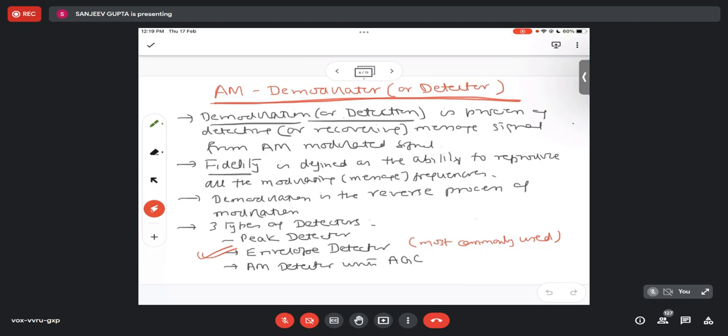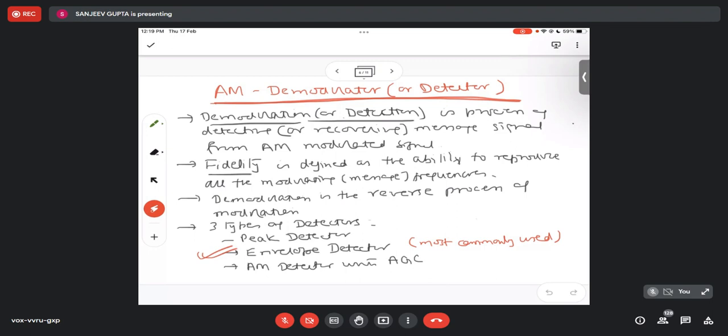How faithfully do I recover? You have to recover exactly the same, it should not change. That is, as I told you earlier, the faithful reproduction of the message frequency. Sometimes the message signal, like an orchestra, consists of 7 to 8 frequencies, so I have to recover all the frequencies. Then only will you be able to hear the orchestra very nicely.